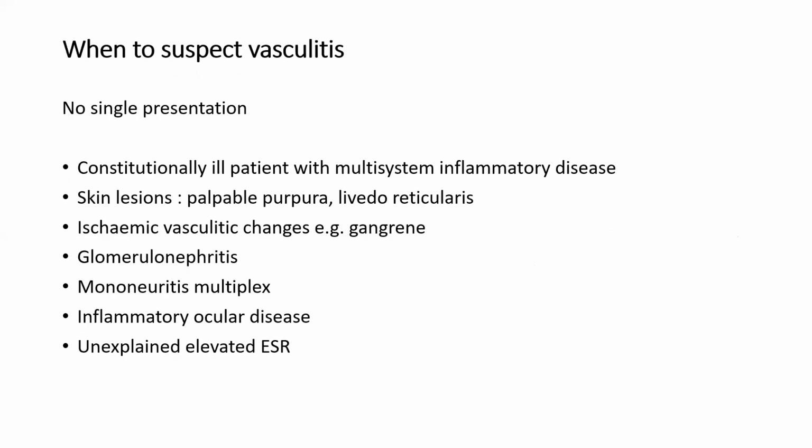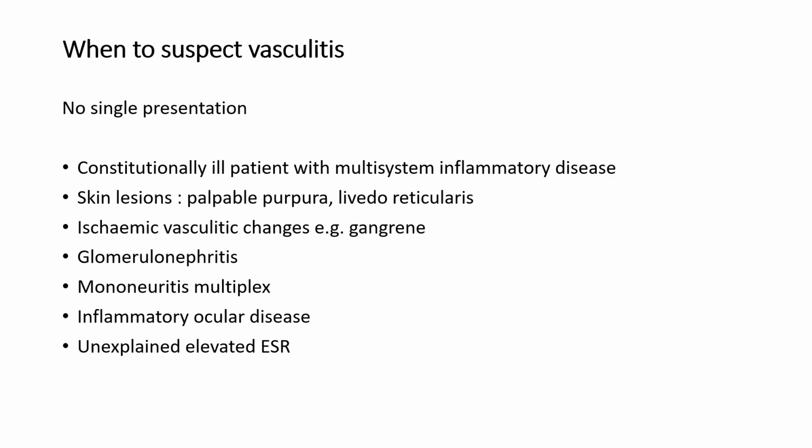So for us, when we suspect vasculitis, there's no single presentation, but you have to think about vasculitis when you see patients presenting with multi-system inflammatory disease, especially if they're constitutionally ill. Skin lesions like palpable purpura and livedo reticularis should also make us think of possible vasculitis.